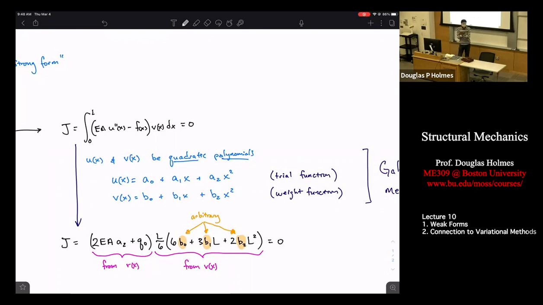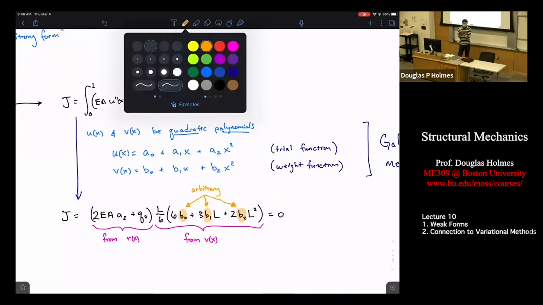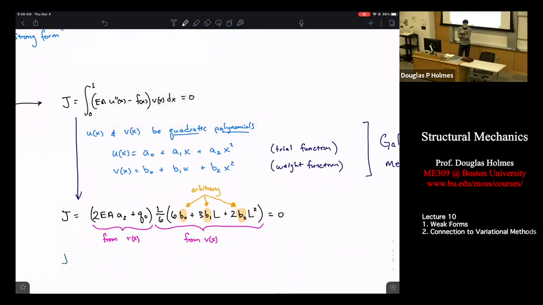Which means that J must vanish for any arbitrary choice of our constants B0, B1, and B2.